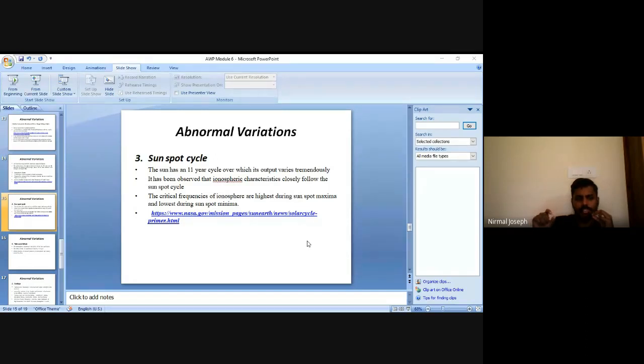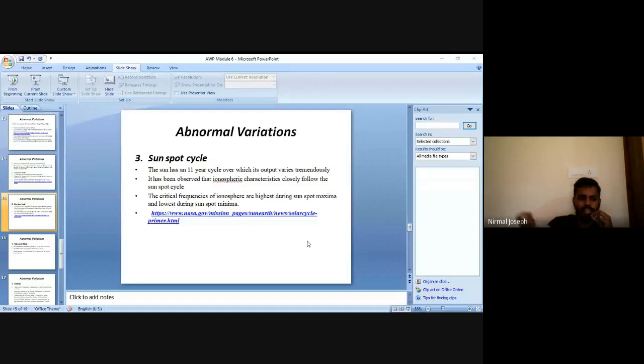We use these spots to identify the sun's rotation. As you know, the sun is rotating on its own axis, so with the changes of these spots, we can identify how the sun is rotating. These sunspots have a cycle, that is, once in every 11 years it is going to repeat. So, what does that mean?